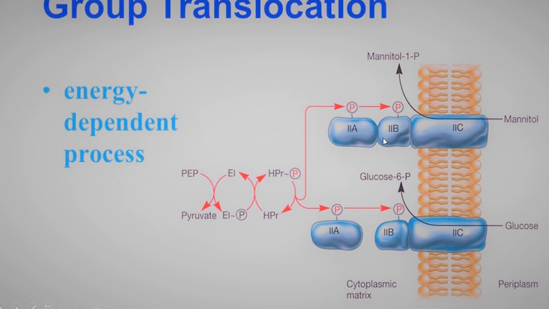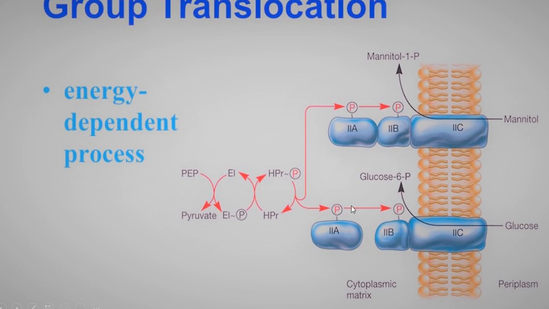That means E2B, that is enzyme 2B, is transferring this phosphate to a molecule called mannitol, the substrate, and converting it into another form. That's how enzyme 2 is involved in transferring this substrate molecule into an altered form, mannitol 1-phosphate.